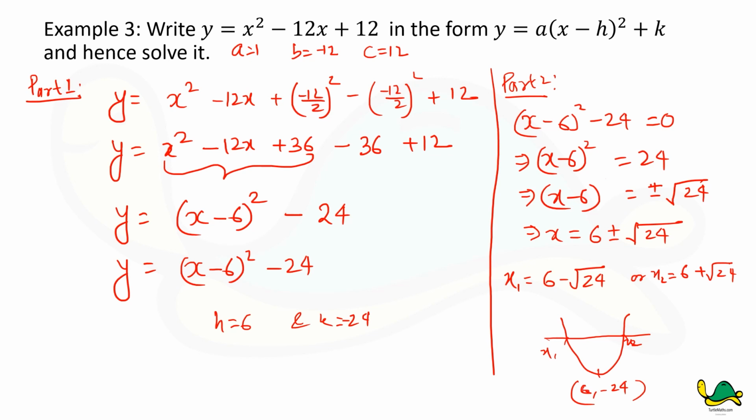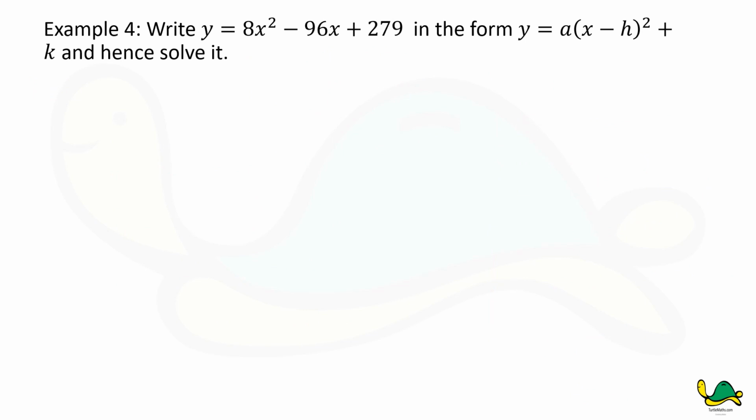All right. Now let's see example 4, which is one of the more complicated problems. Let's see how we can solve it. Example 4: write y is equal to 8x square minus 96x plus 279 in the form of y is equal to a times x minus h whole square plus k, and hence solve it.